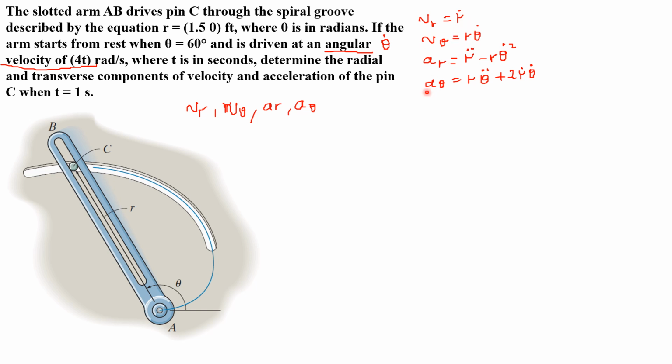R is given to be 1.5 theta. Taking the derivative with respect to time, r dot is 1.5 theta dot, and r double dot is 1.5 theta double dot.